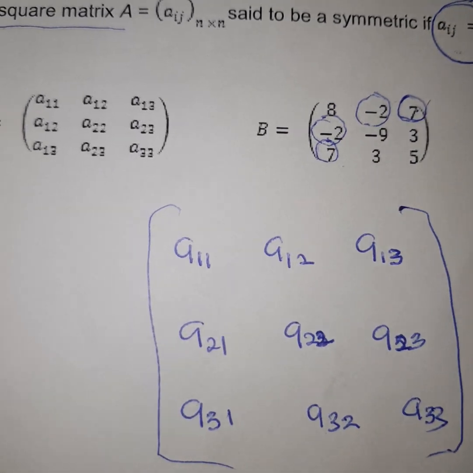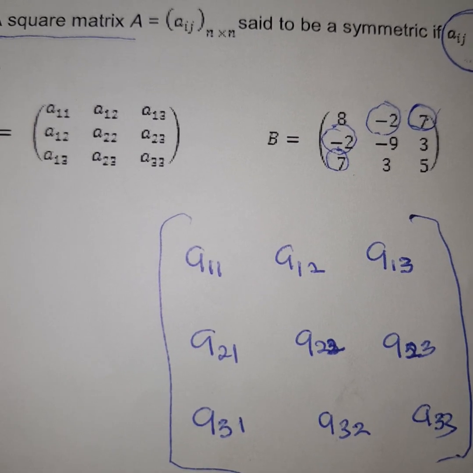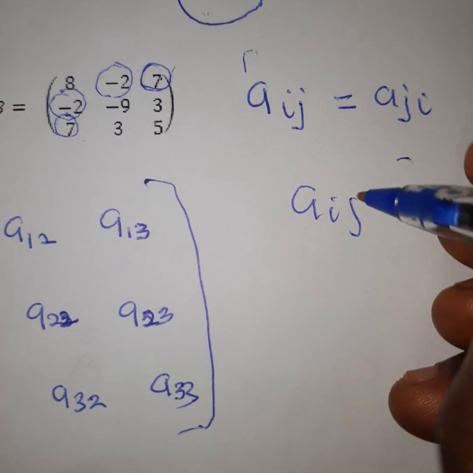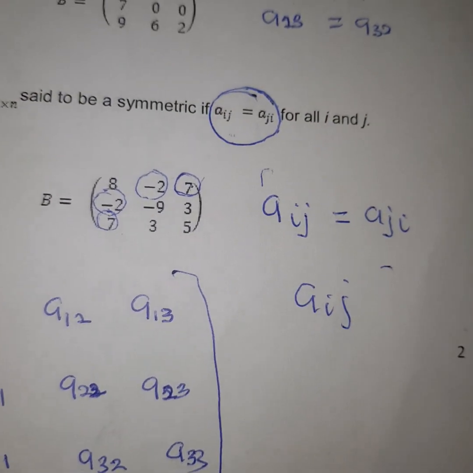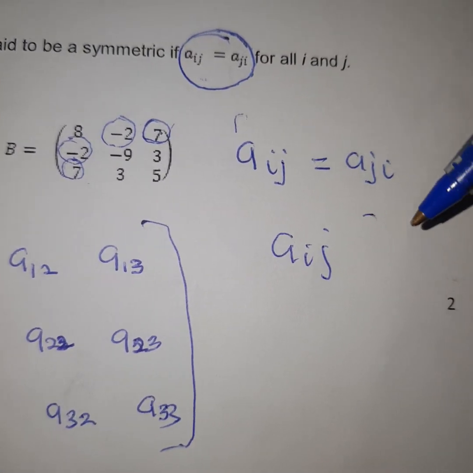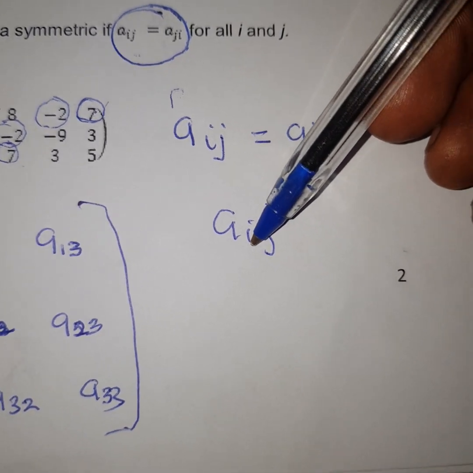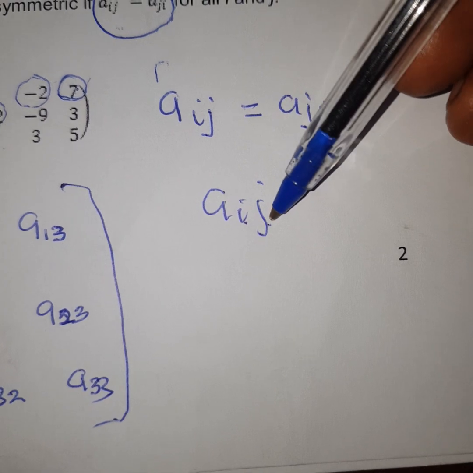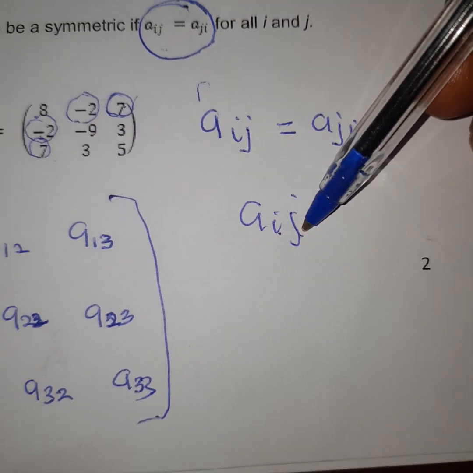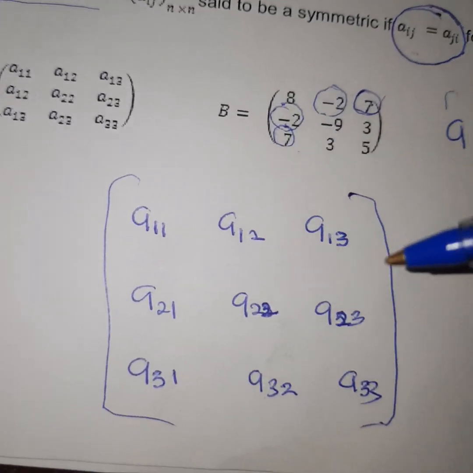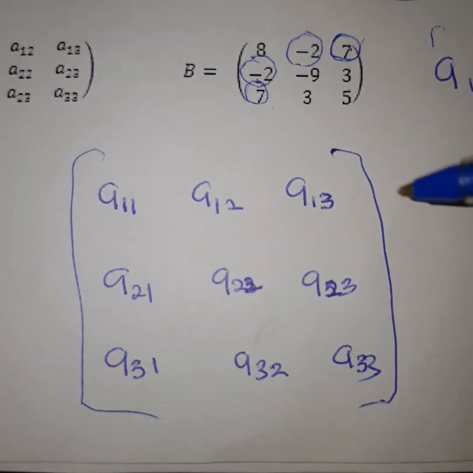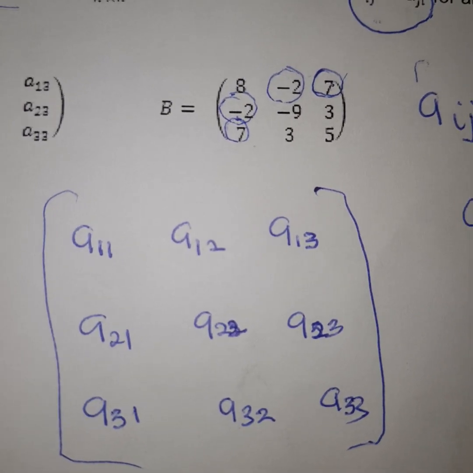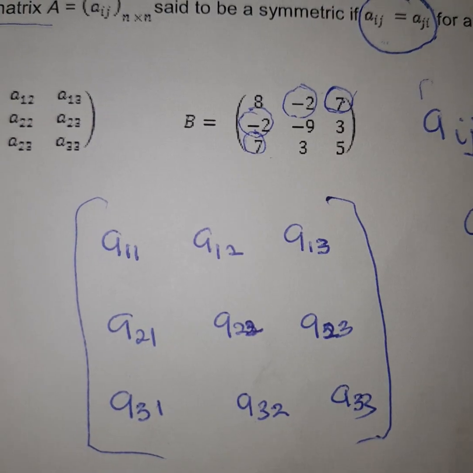Now if you look at this matrix, in the last lesson we learned that in Aij, i means the row and j means the column. If Aij is equal to Aji, what does it mean?